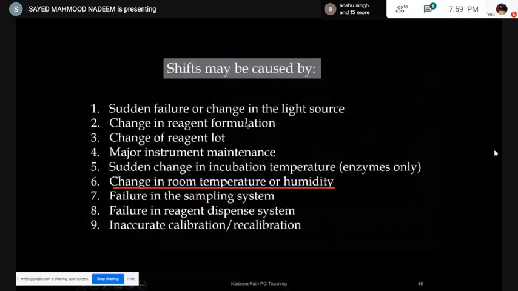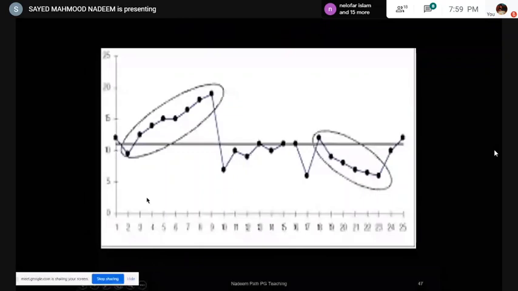For example, if you look at this LJ chart, you can see this is gradual movement in the positive direction. There's a trend which is going up. Here we need to analyze all the causes for this trend, all the 8 causes. And right here on day 9, there's a sudden dip and a new set of pattern develops here.